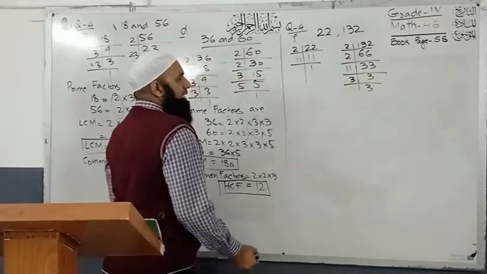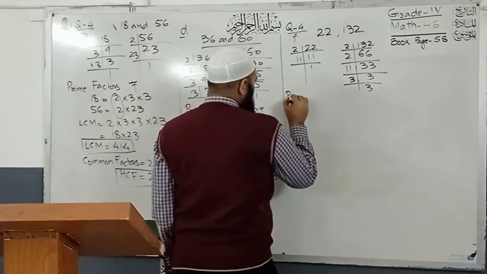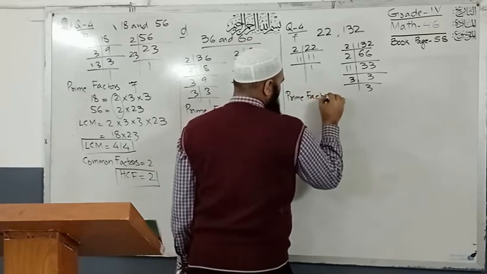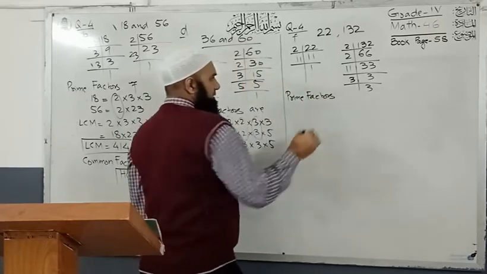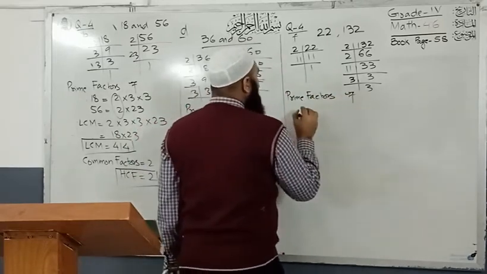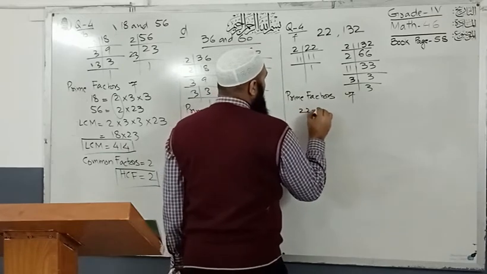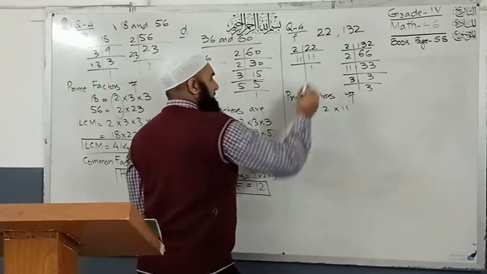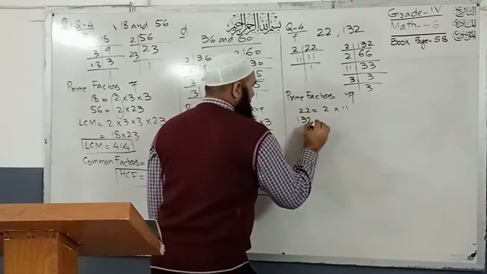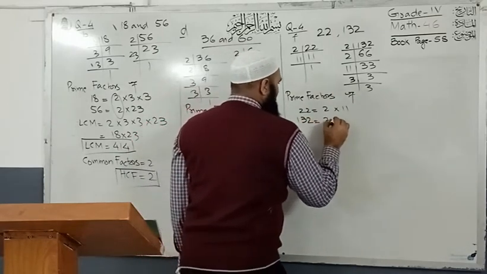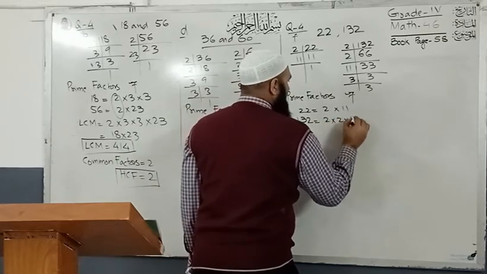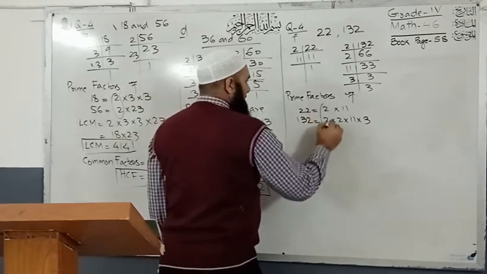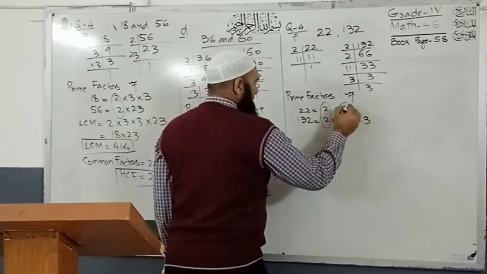Okay. Write the prime factors. Prime factors of 22 are 2 multiply 11. Prime factors of 132 are 2 multiply 2 multiply 11 multiply 3. Now see what the common factors are, make their pairs.